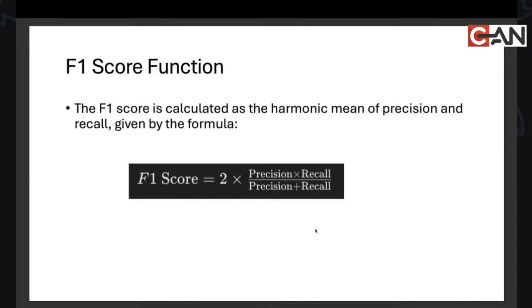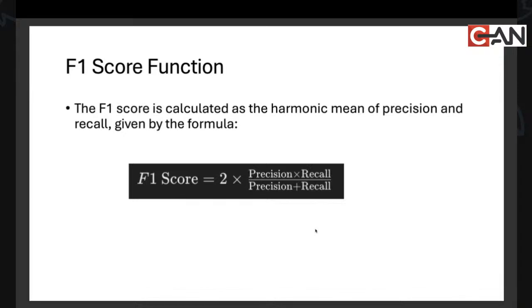If you are just really good at the negative classes, you're really good at finding people who don't have fraud, but you're not really good at actually finding people who have fraud, or recalling on people who have fraud, then you'll have a low F1 score but high accuracy because of your class imbalance, because there's so many people who don't have fraud. 99.9% of people will cause you to have a high accuracy.